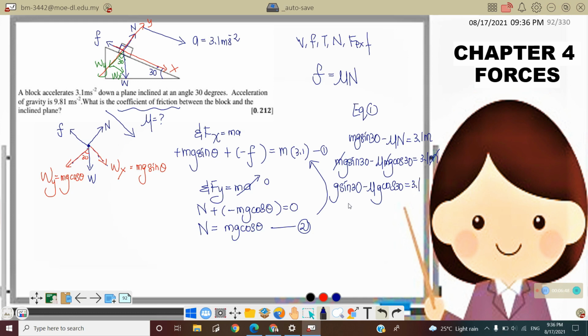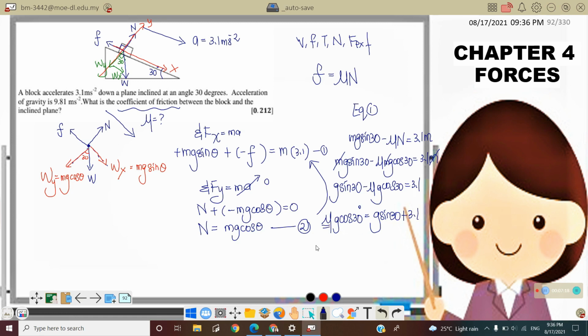Then what should we do? We can factorize out: mu g cos 30 shifts to the other side, so it equals g sine 30 minus 3.1.